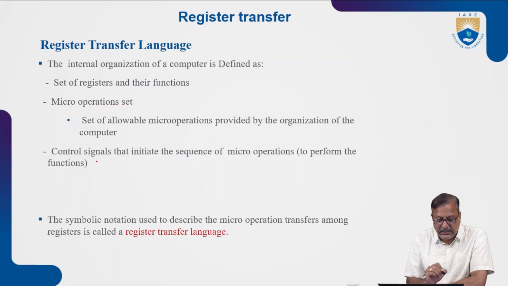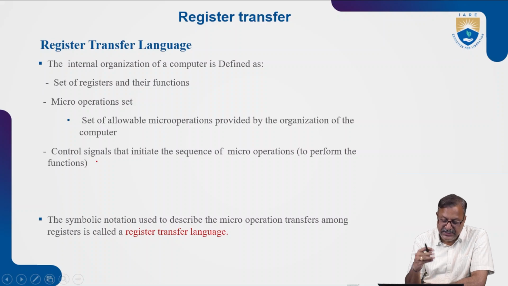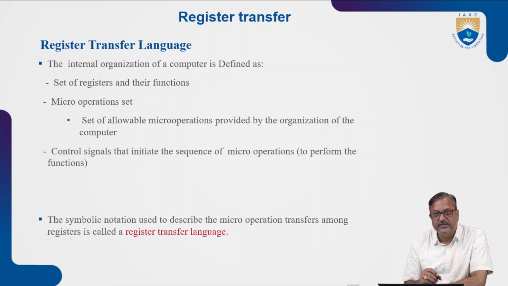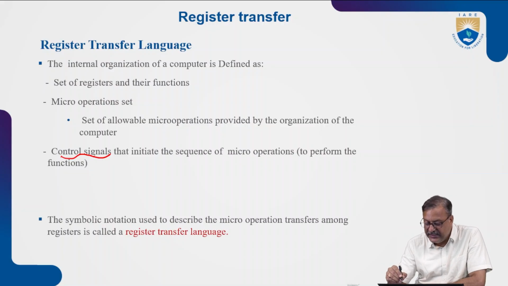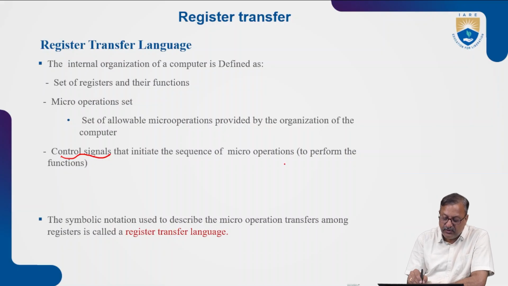Next one is control signals that initiate the sequence of micro operations to perform. Now, what is a control signal? This is the key part of the digital system. To understand it, it is a predefined sequence of operations.